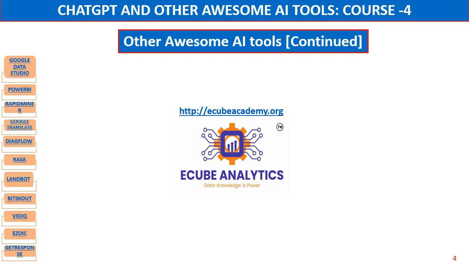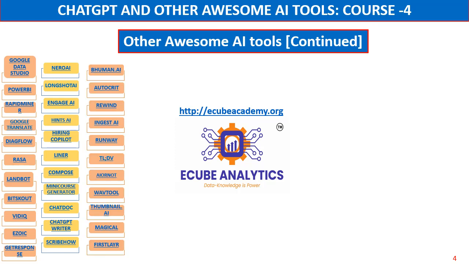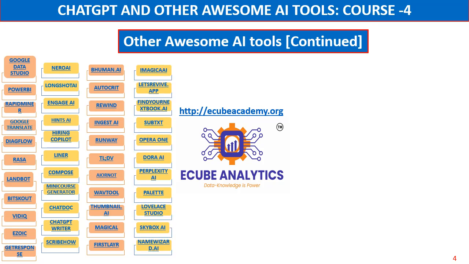Resa, original chatbot, then Nero AI, then okay, Opera One, the creators of the browser Opera, which is always one of my very favorite browsers. And they have now integrated AI with that.